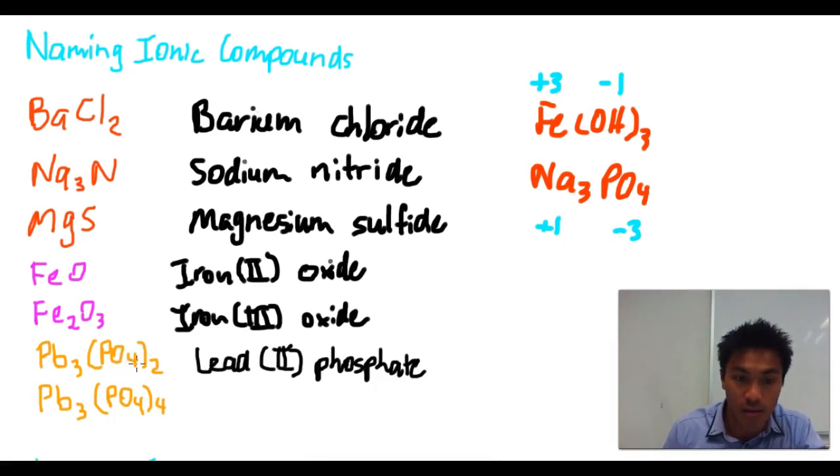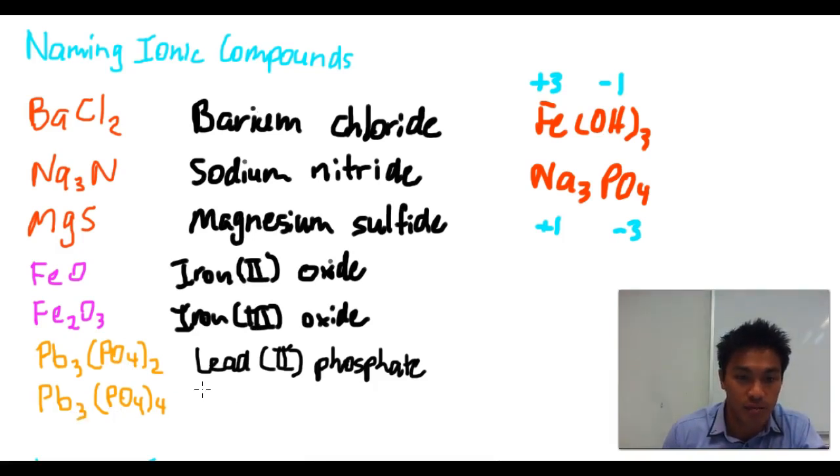In the presence of lots of oxygens, it's phosphate. So you have sulfate, phosphate, nitrate, also chlorate. They're the common ions, and they will change a little bit, and I'll show them in a couple of seconds. The name will change a bit depending on how many oxygens are present.